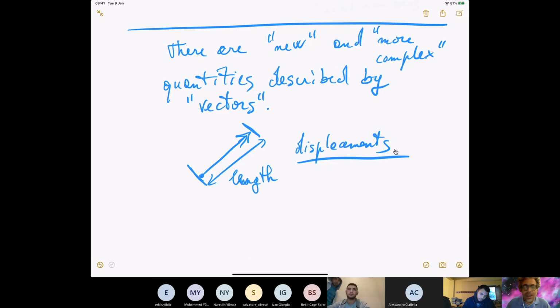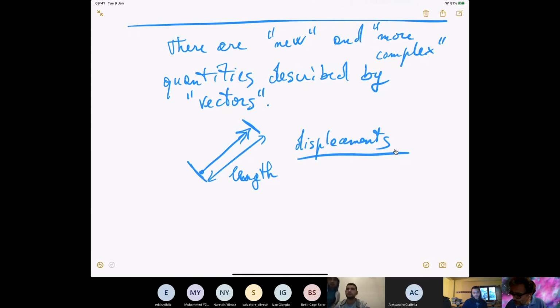They tell you, if I move 1 kilometer from here, I'm not telling you where I am at the end. Why? Because I must tell you also the direction in which I am traveling. So there are some physical quantities which need more complex mathematical objects for being described, and displacements are an example of this.